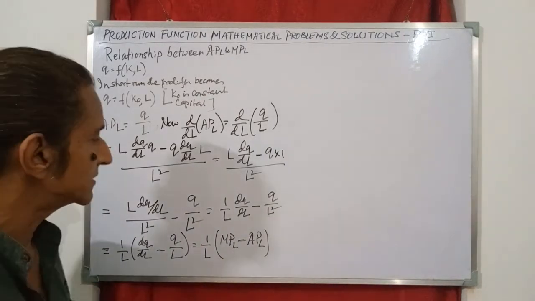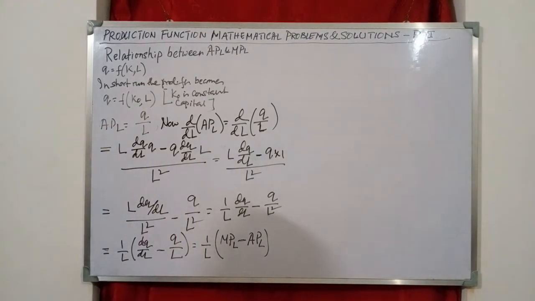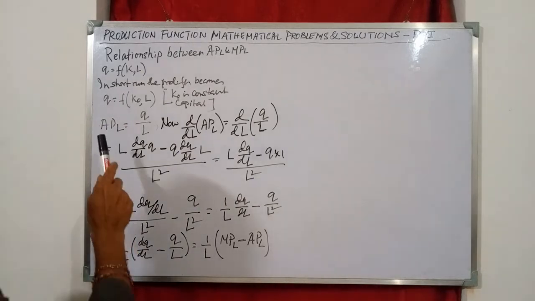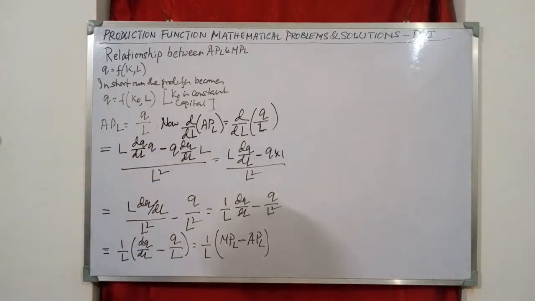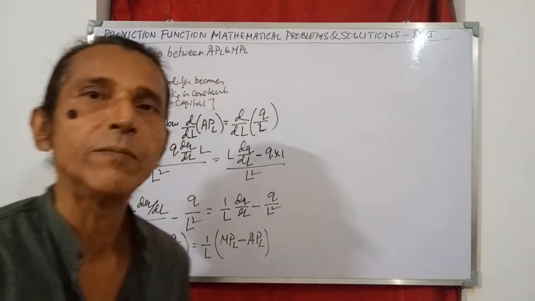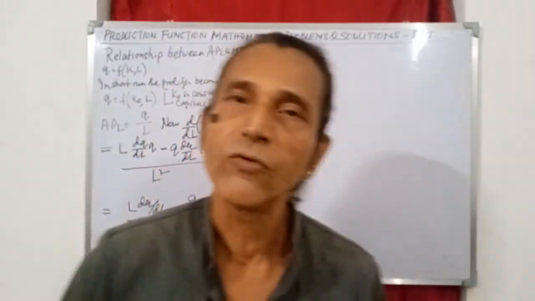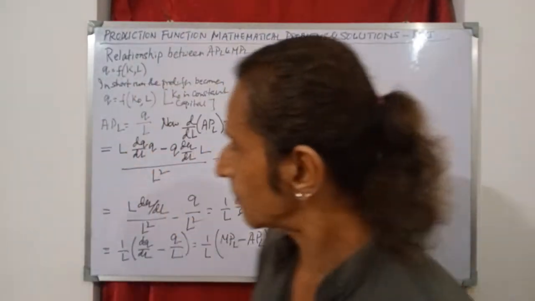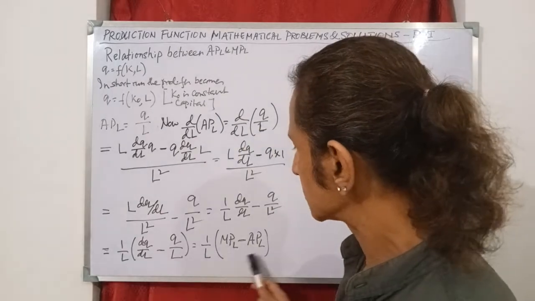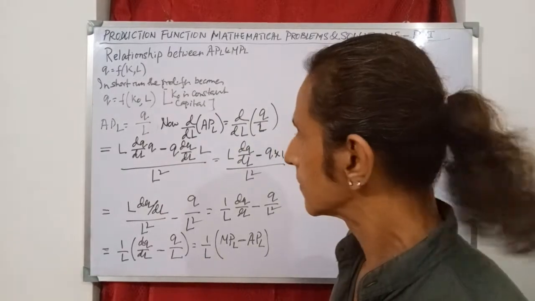Now listen carefully. APL will increase or will remain constant or will decrease depending upon the value of this, right?